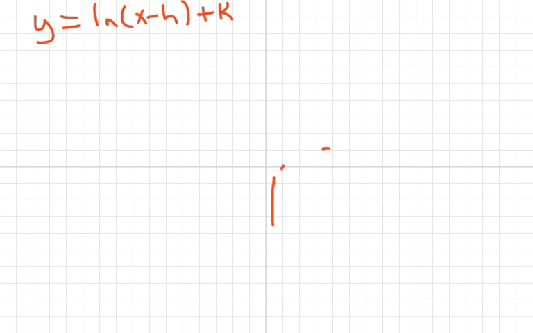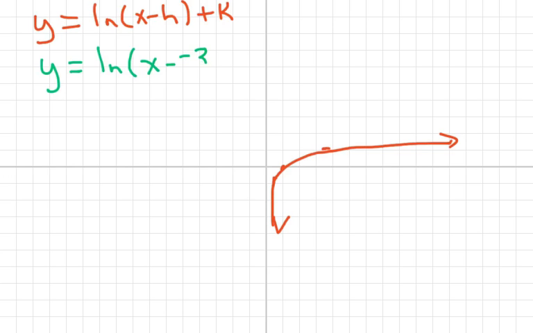The first thing we're going to do is a horizontal shift to the left by 3, which would be y equals ln of (x plus 3). I'm just moving these coordinates over 1, 2, 3.